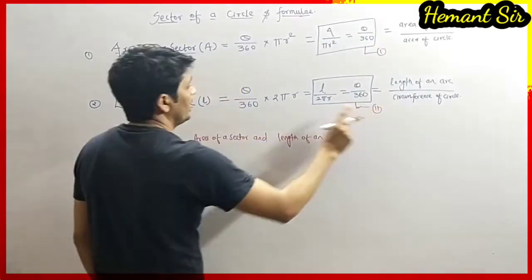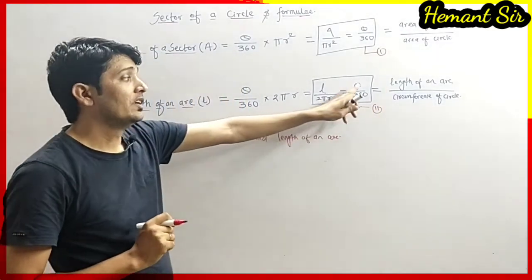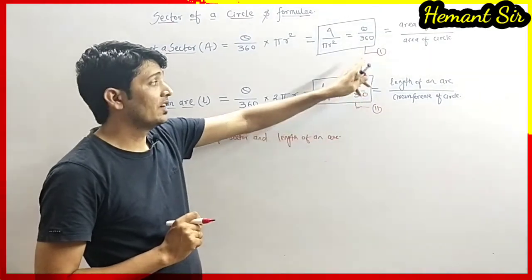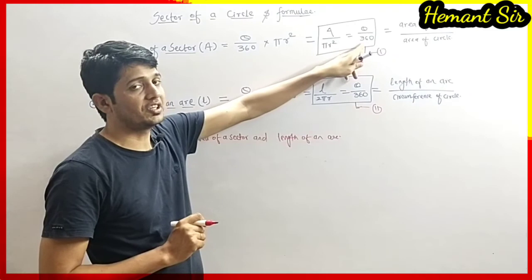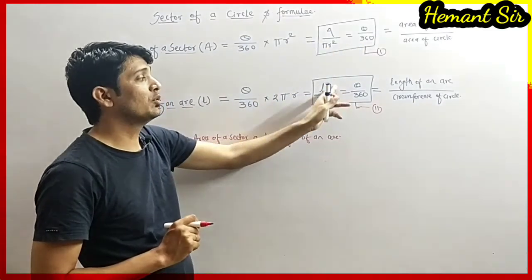So by equations 1 and 2, we have theta divided by 360 here, and we also have theta divided by 360 here. So we can equate both the equations.